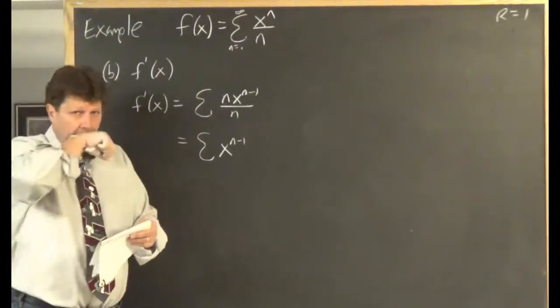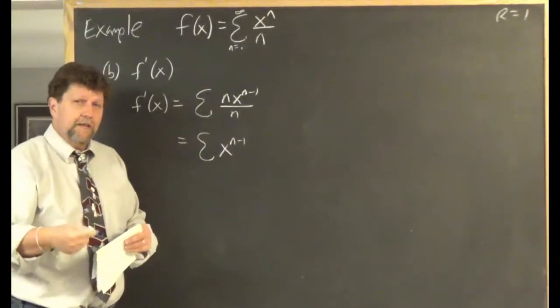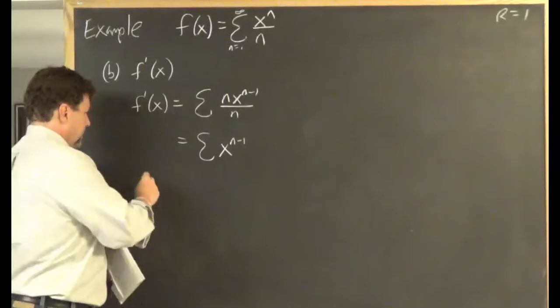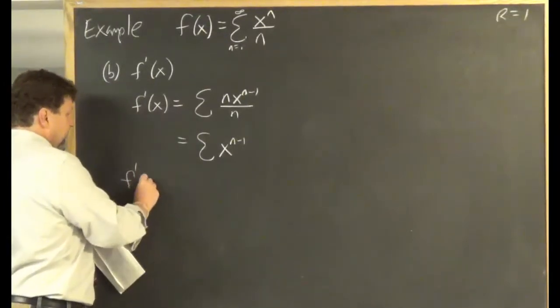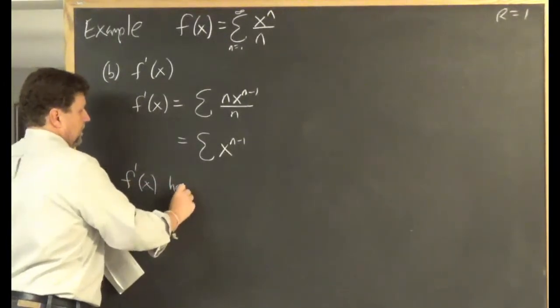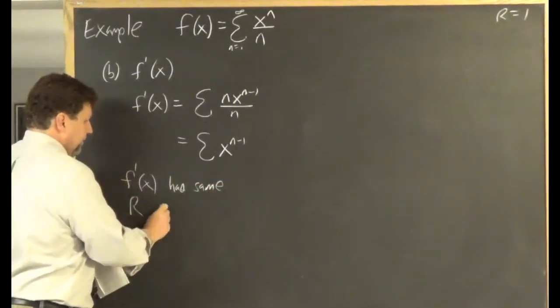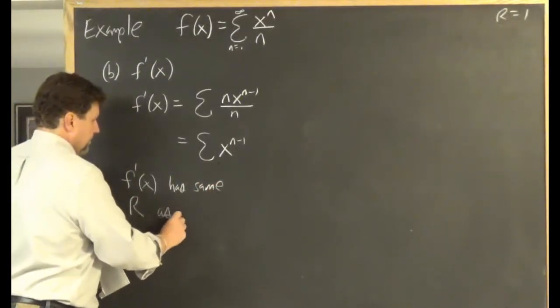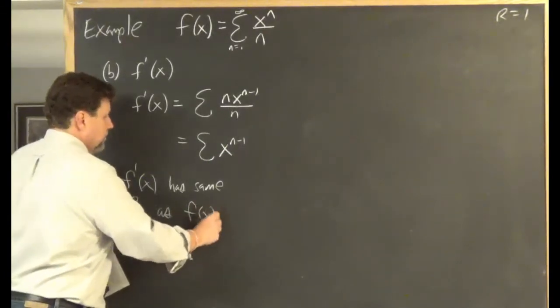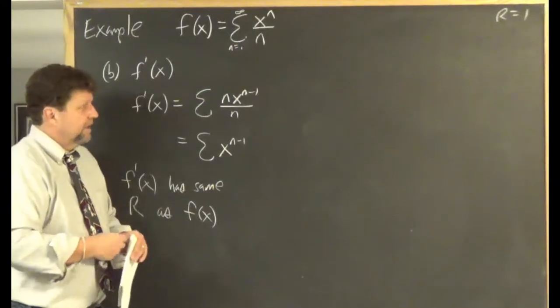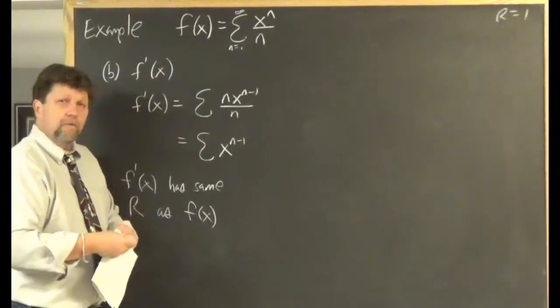So once you know the series notation for the derivative, and you know the derivative has the same radius of convergence as the function, all you have to do is check the endpoints. I mean, the radius of convergence was 1.